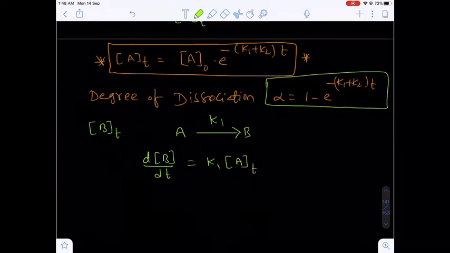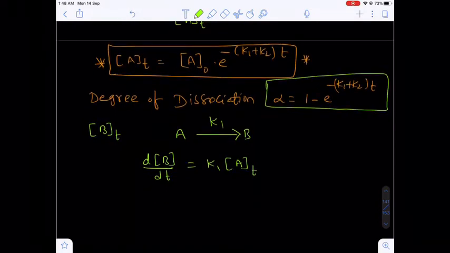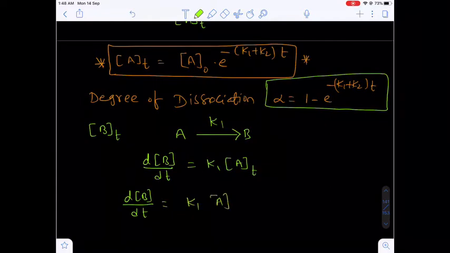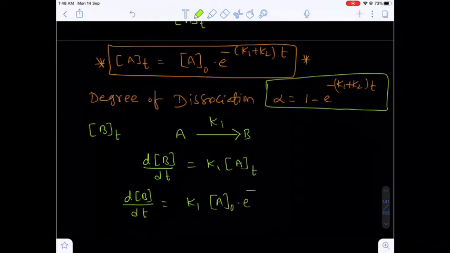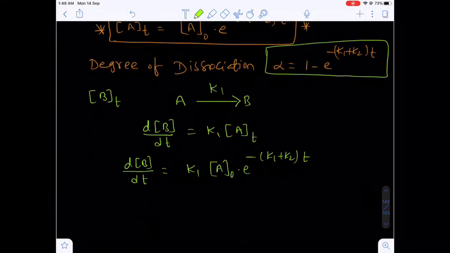We know that from the above expression: A0 into e to the power minus of (K1 plus K2) times the time interval. Are you getting my point?